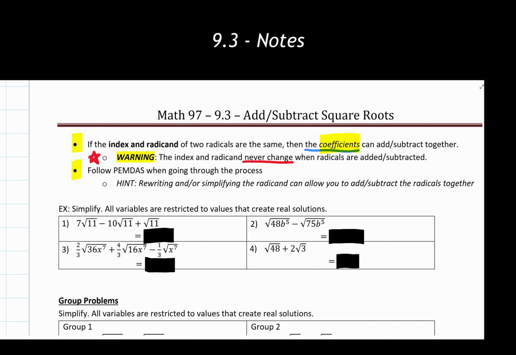Remember that everything inside of the radical, the radicand, corresponds with the P portion of PEMDAS, the parentheses, and then actually applying the radical itself is the exponent, or the E portion of PEMDAS. So with that in mind, let's take a look at our four examples here.